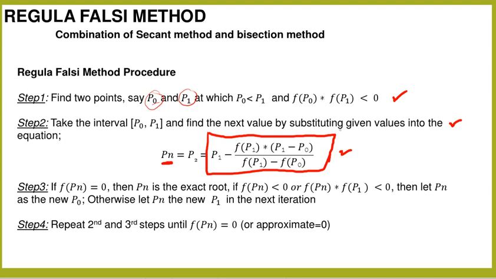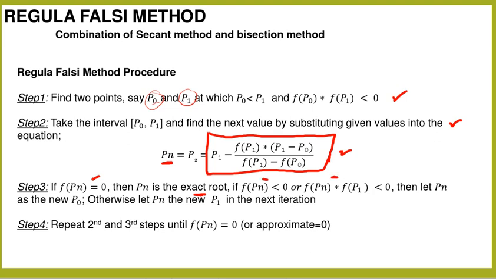Okay? So, in step 3, if f(Pn) is 0, then yung Pn natin is our exact root. If f(Pn) is less than 0, or the function of Pn multiplied by the function of P1 is less than 0, that is a negative value.